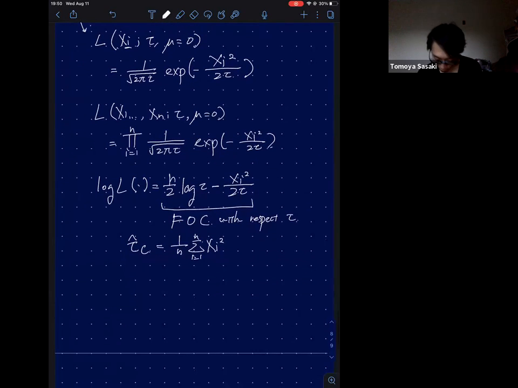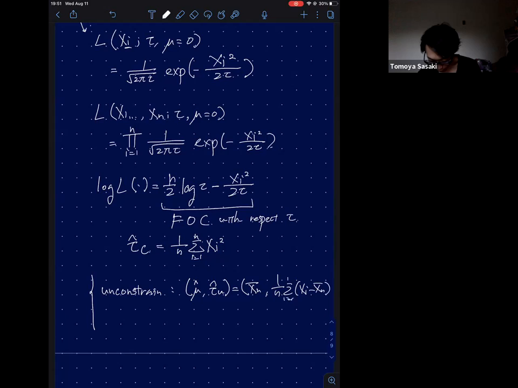In sum, for the unconstrained, mu hat unconstrained is equal to x bar n, and n over the sum, the usual biased version of the variance formula.